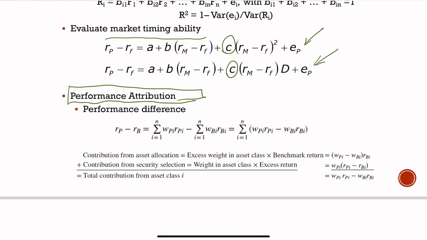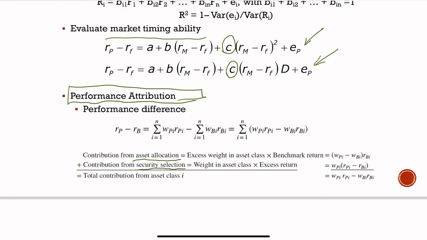You will first look at the return differences between the portfolio and the bogey portfolio, and then decompose this return difference into two components. The first component is the contribution from asset allocation, and the second component is the contribution from security selection.